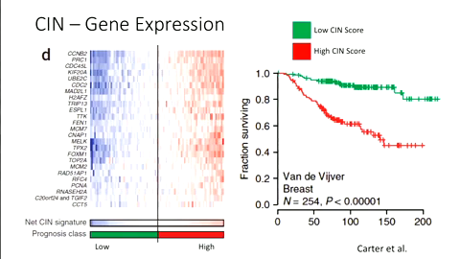And so you can see that a higher fraction of the patients classified with a lower CIN score survived than the patients with a higher CIN score. And so this CIN25 performed well for 12 out of the 18 data sets that they tested. And in this particular example, this is the breast cancer data set.